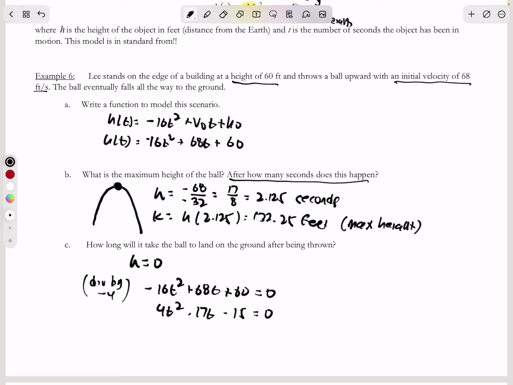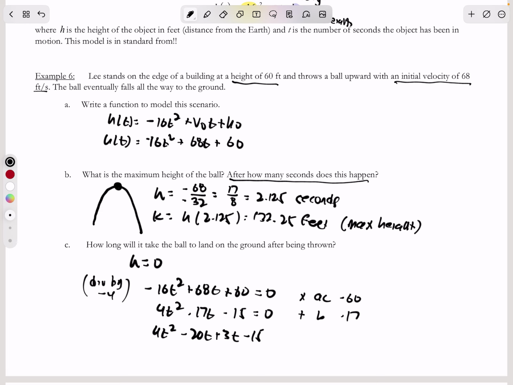Oh boy, I factored this in class. I think it was t minus 5. Let's factor it together in case you forgot how to factor. We need two numbers that multiply to AC. They need to multiply to negative 60. They need to add to B, which is negative 17. Those numbers are negative 20 and 3.